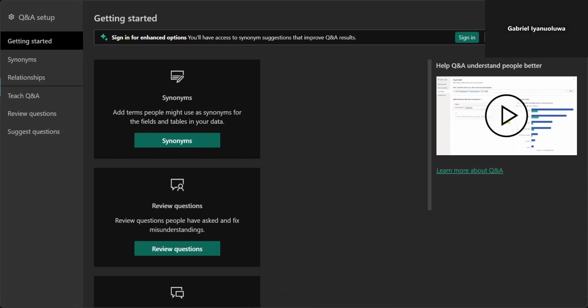So we allow it to load up, because under this we have synonyms, which are terms people might at times use as synonyms for a field and table in your data. We also have review questions.